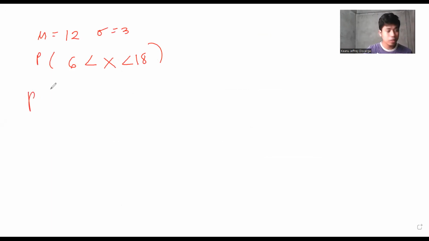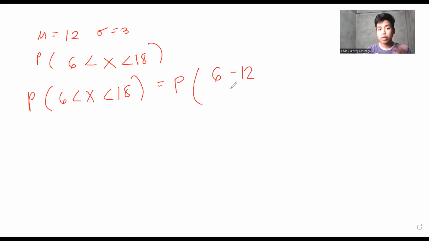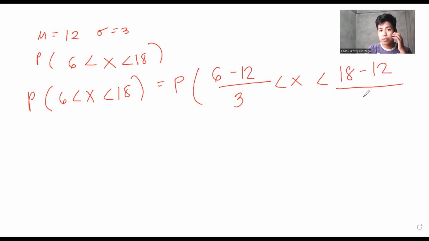So this will be our computation. The probability of 6 less than x less than 18 equals the probability of 6 minus 12, the mean, over the standard deviation, less than z less than 18 minus the mean again, over 3.